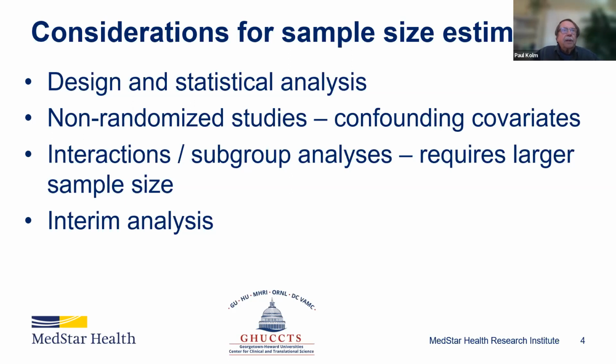And then regardless of whether it's randomized or not, there might be interactions among variables or subgroup analyses. And typically those require larger sample size than just a straight up comparison of groups, say 2 or 3 or 4 groups. And then also it may be that your study wants to do some interim analyses. And so that requires an additional computation for sample size.